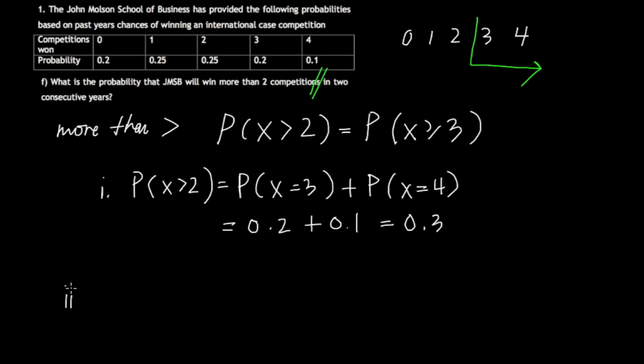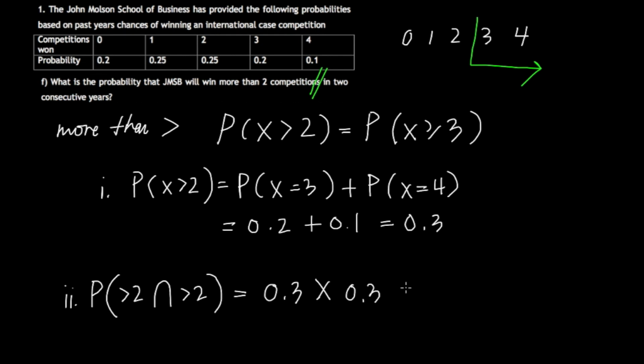And then the second part of the question asks in 2 consecutive years, right? So part 2, what does this mean? This means the probability of winning more than 2 competitions in the first year and also winning more than 2 competitions in the second year, right? Now I know you all see this and you know what to do right away. So that's simply 0.3 times 0.3, which is equal to 0.09.